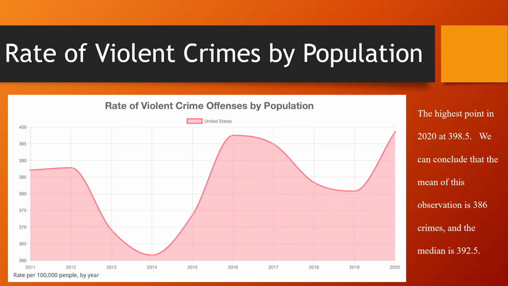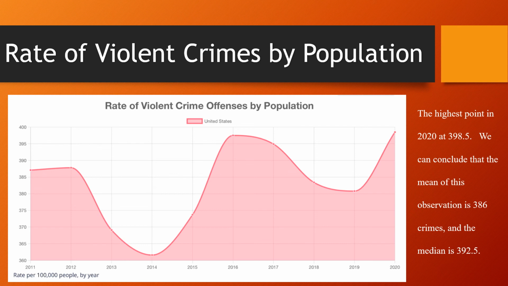Then a sudden drop from 387 per 100,000 people in 2012 to 361 in 2014 is observed. Afterward, an upward trend to the mark of 397.5 in the year 2016 is present.